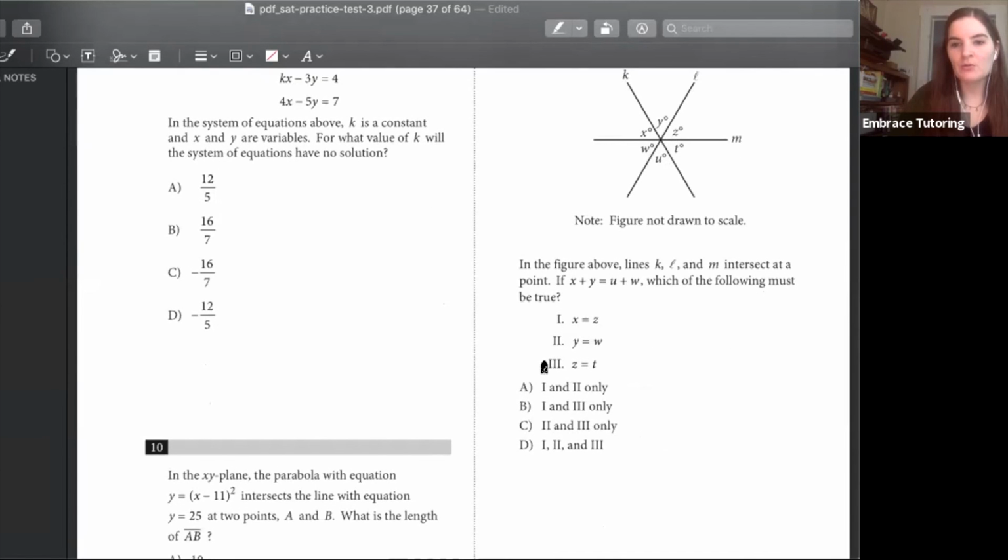Being able to determine logic and figure out, like in this question, in the figure above, lines K, L, and M intersect at a point. If X plus Y equals U plus W, which of the following must be true?